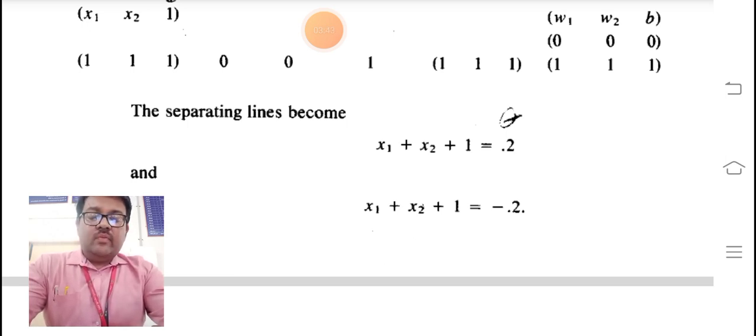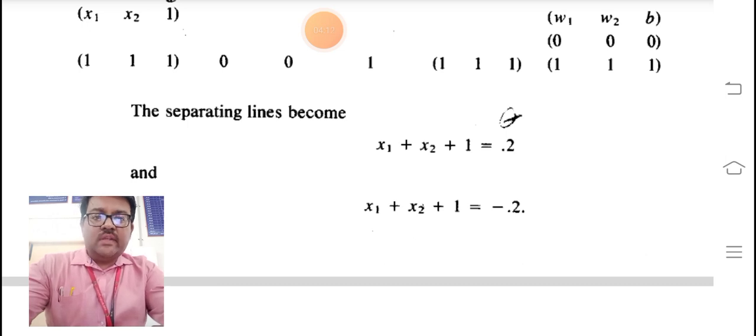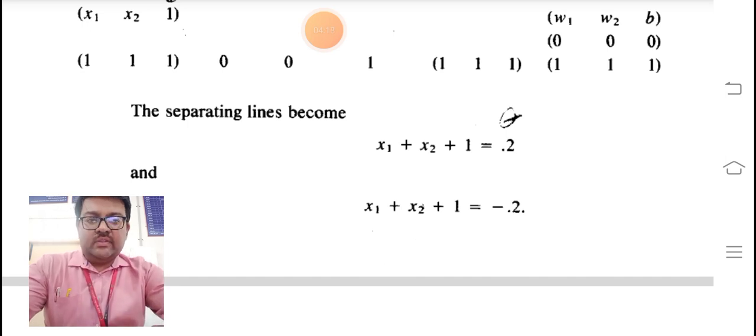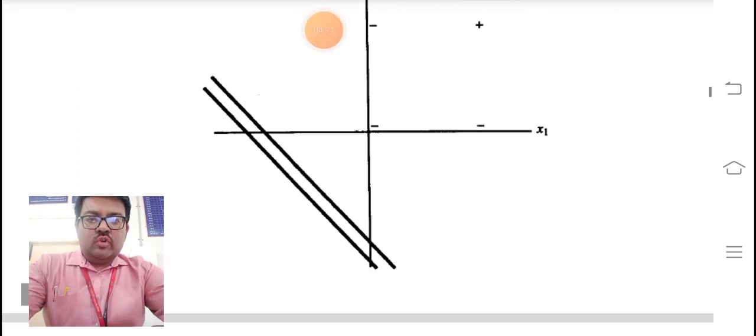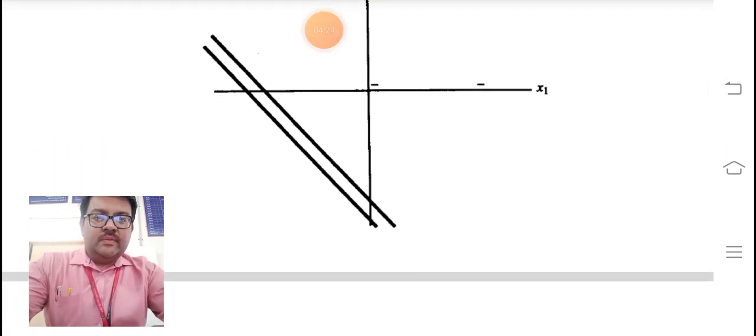To draw the line, keep x2 on one side and push x1 to the right hand side, put different values of x1 and plot x2. Substitute x1 as 0, 1, 2, 3, 4, 5 and then plot x2. Likewise take negative values, substitute x1 as -1, -2, -3, -4, -5 and plot x2, and if you join all the dots, you get the separating lines.